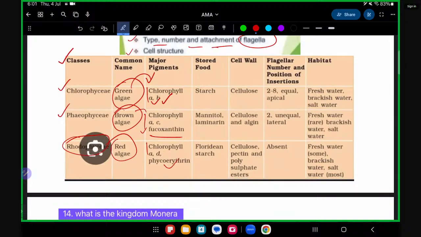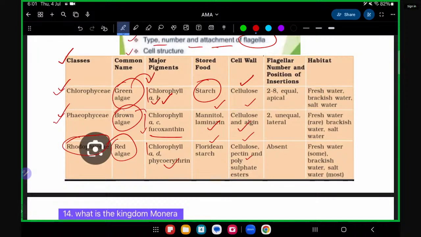Okay. What are the stored foods then? First, starch is the stored food in Chlorophyceae. Mannitol and laminarin are stored food in Phaeophyceae. And Floridian starch is the stored food in Rhodophyceae. Okay. Cell wall is composed of cellulose. Here cellulose and algin. Rhodophyceae contain cellulose, pectin, and polysulfate ester.